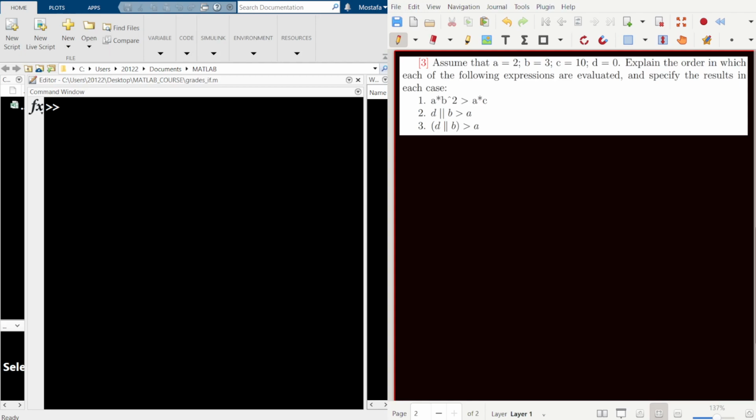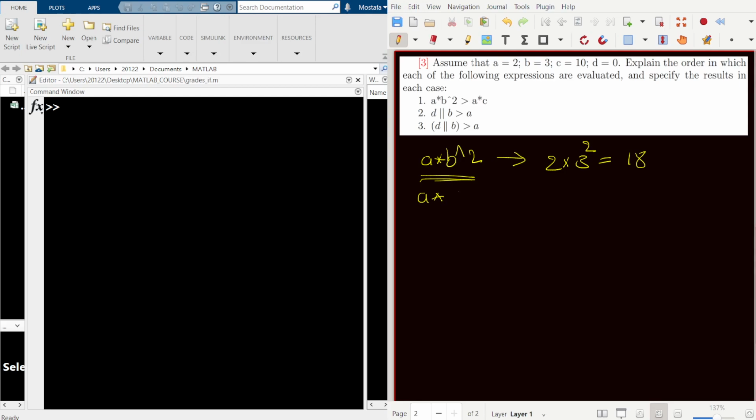So in a sense, we need to calculate A times B raised to power 2. But we really need to think about this. The priority goes to the exponentiation. So that means I will calculate 3 raised to power 2 times 2, and that gives us 18, right?